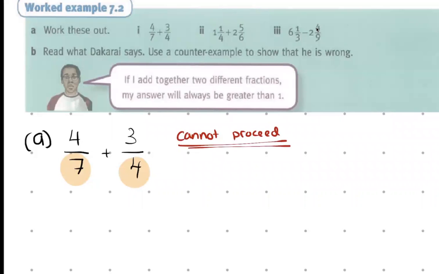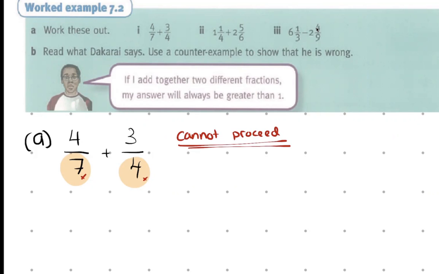Because 7 and 4 are not the same, I need to change them so that they are the same by multiplying. I cannot make it any smaller, so I have to just multiply. There's nothing much we can do about it because there's a number 7 here. Both of them are rather small, and one of them is a prime number.